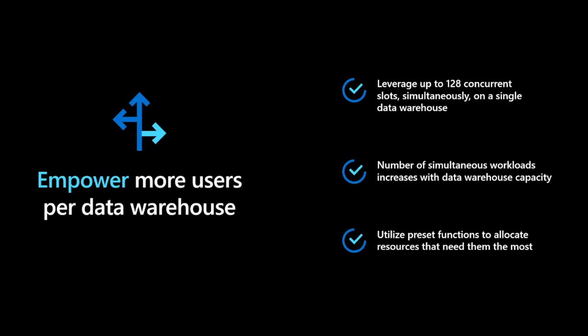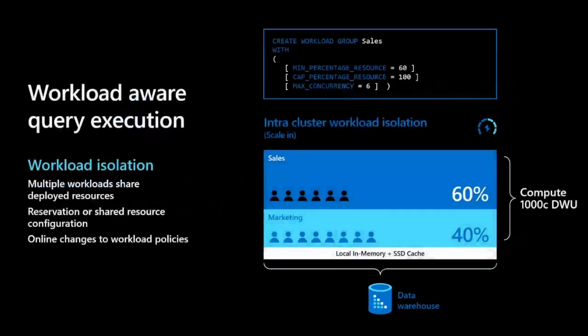One of the things up towards the beginning, when it said hard to manage and hard to get to a place where you're truly supporting all these different sorts of workloads, was the ability to control who got what. And so now in the data warehouse, you do have some workload aware query execution.